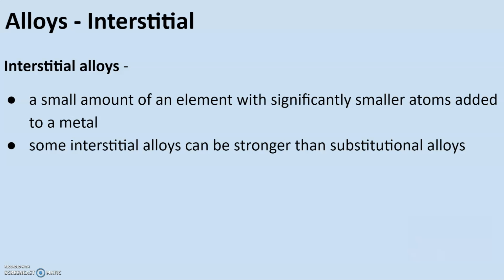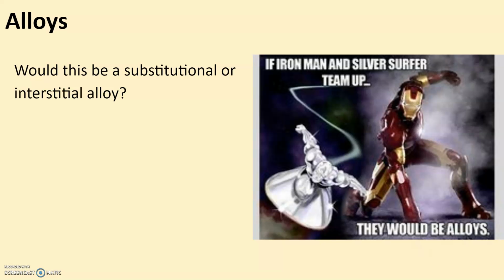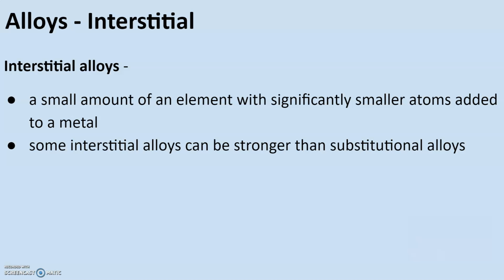They're generally stronger than substitutional alloys. Interstitial is in between. I'll put up some diagrams as well. So a small amount of an element, significantly smaller atoms. I'll go through a couple of examples.